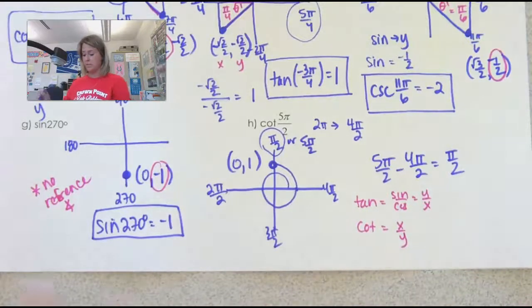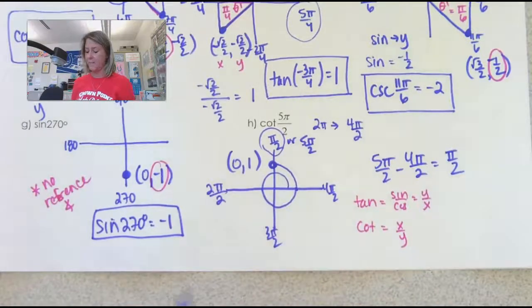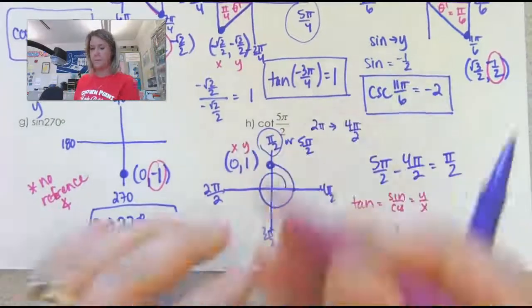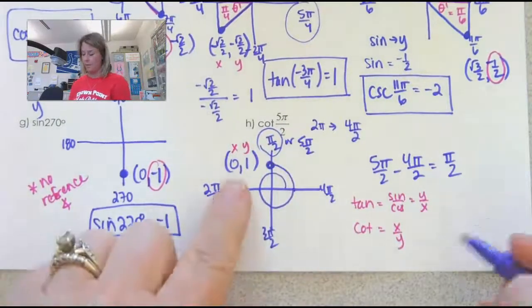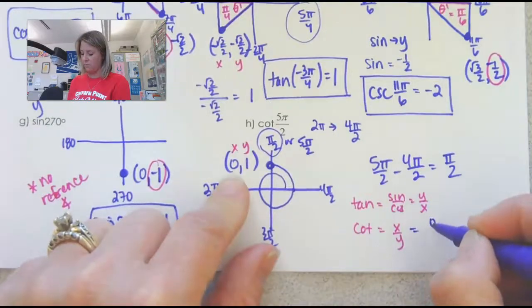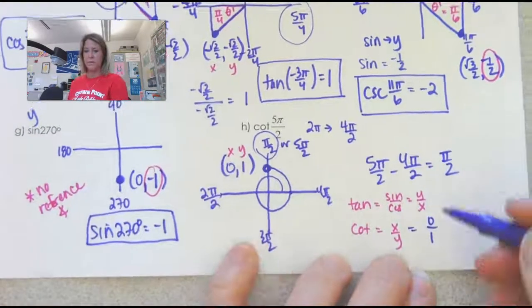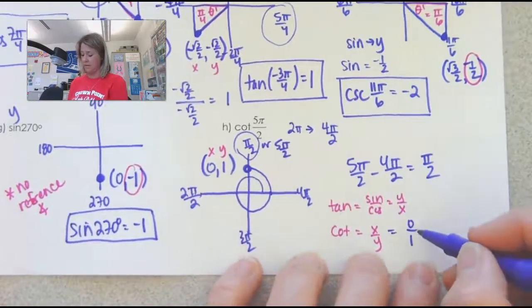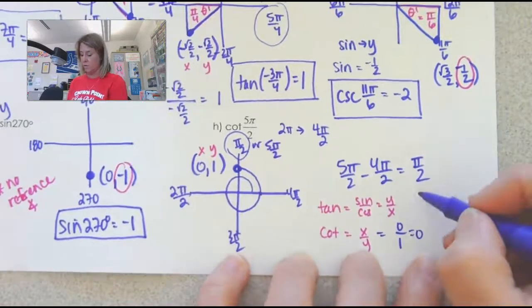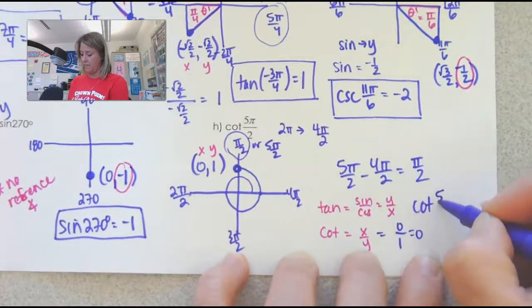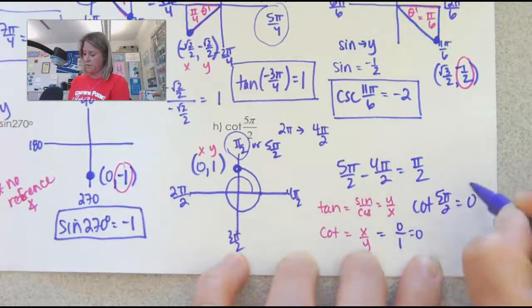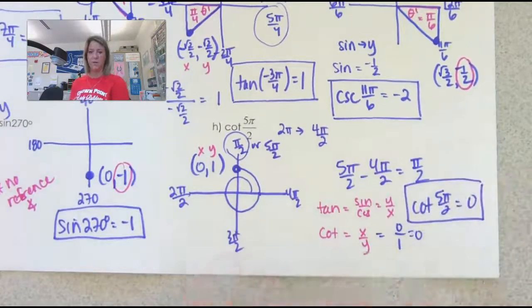So if cotangent is x over y, I need to take my x value divided by my y value. So my x value is 0, my y value is 1. 0 divided by anything is just 0. So the cotangent of 5 pi over 2 is 0. All that work for 0.